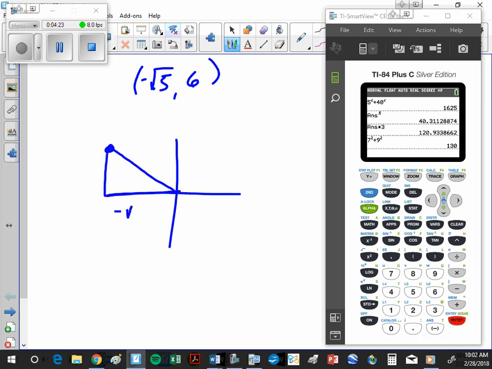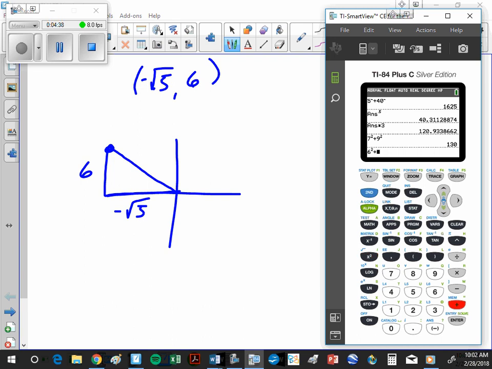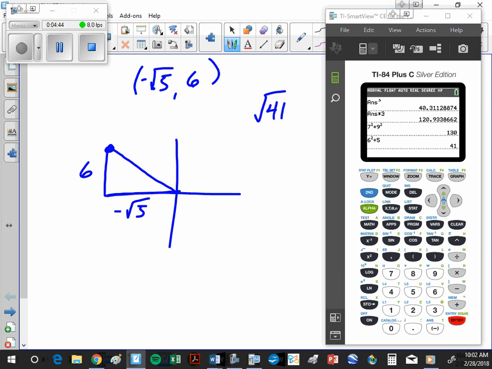So negative square root 5 and 6. Everybody get that? Okay. The hypotenuse is going to be 6 squared plus square root of 5 squared, which is just 5. So the square root of 41.